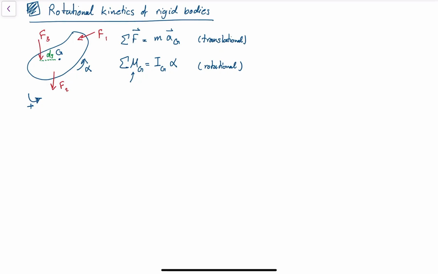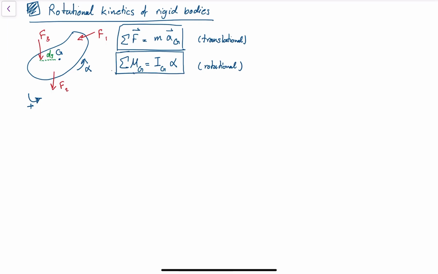Yeah, that is the equation of rotational motion. Let me box it. Let me box that one too. Why not? One thing I want to be very clear and emphasize here.